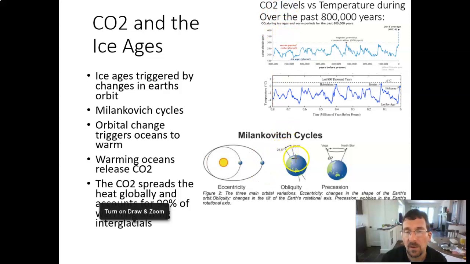Now, other ways that Earth's orbit changes include changes in our obliquity, as you see here. Obliquity has to do with how oblique the Earth's angle is relative to the sun. So the dotted lines here represent the axis around which the Earth spins once every day.